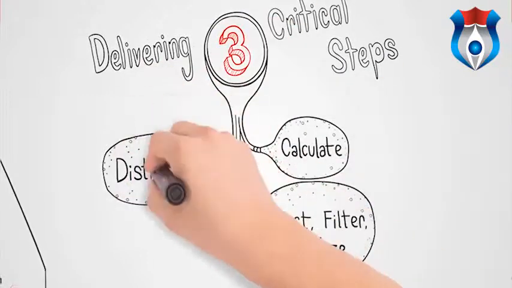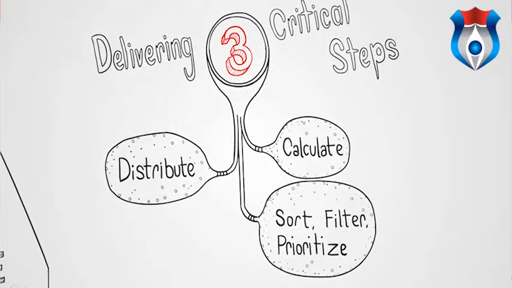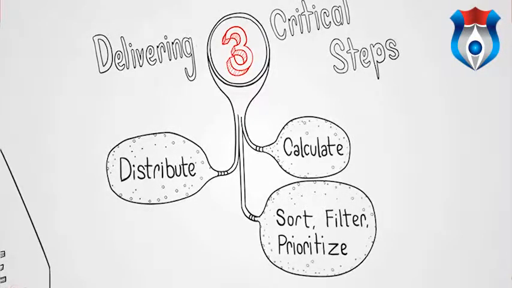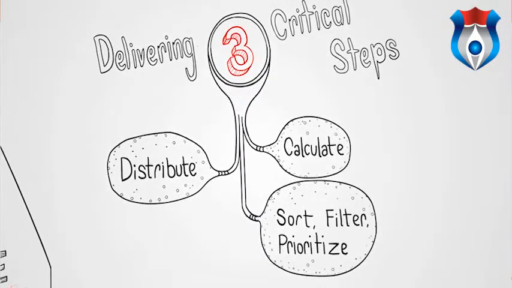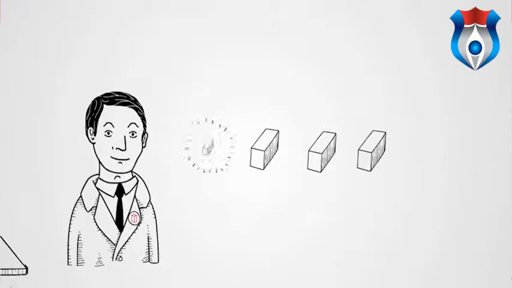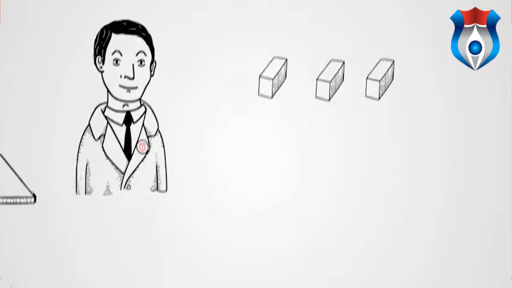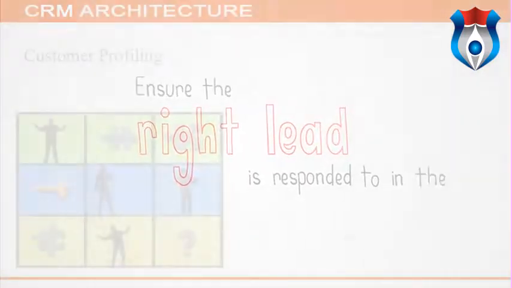And finally, we distribute each lead to the best qualified resource, actively monitoring and managing the lead's progress. With reporting all the way through, organisations can quickly determine the effectiveness of a campaign, now allowing them to make informed decisions in real time. Genesis Lead Management secures the best outcomes. Combining these 3 critical capabilities allows organisations to ensure the right lead is responded to.